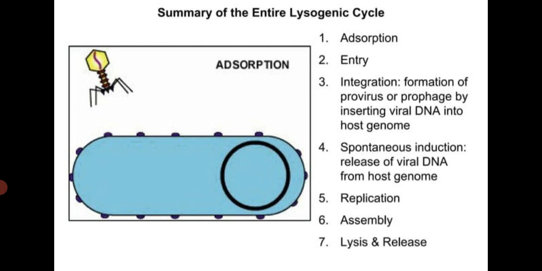This is a summary, but in lysogeny there is formation of clones of infected bacteria. These are the events: absorption, entry, integration, spontaneous induction, replication, assembly and lysis.